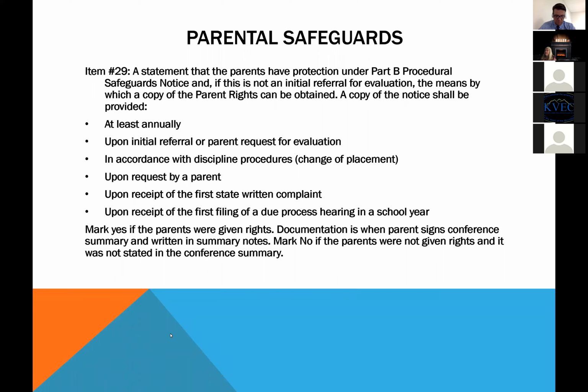Also upon the request of a parent, upon receipt of the first state written complaint, and upon receipt of the first filing of a due process hearing in a year. So these are vital, because we know that we have to give them at least once a year, but there are times that we still have to give them again. So just make sure if you have any kind of change of placement or discipline procedures, state complaints, or due process hearings, you're going to have to give that out again. So we just need to make sure that we do that.